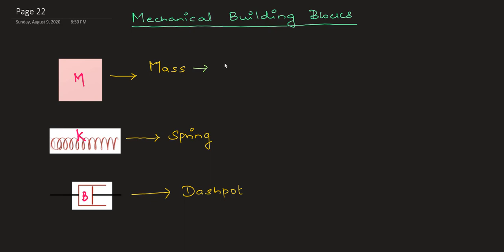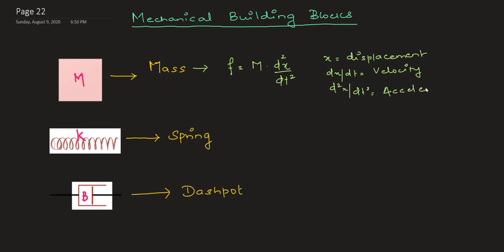So now let us see what is the differential representation for these mechanical building blocks. So for force, we have m into d square x by dt square, which is the acceleration, right? Because if x is my displacement, dx by dt is your velocity, and d square x by dt square is your acceleration.